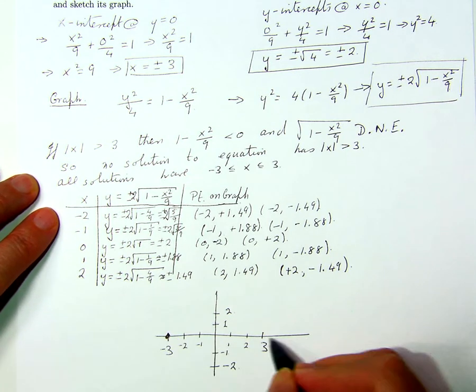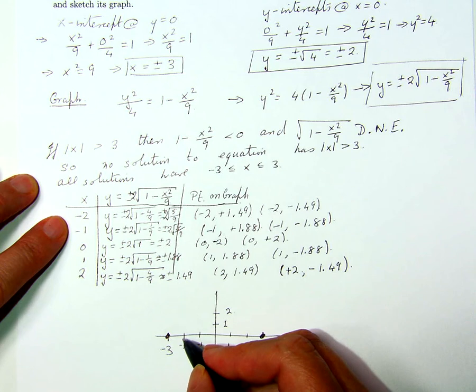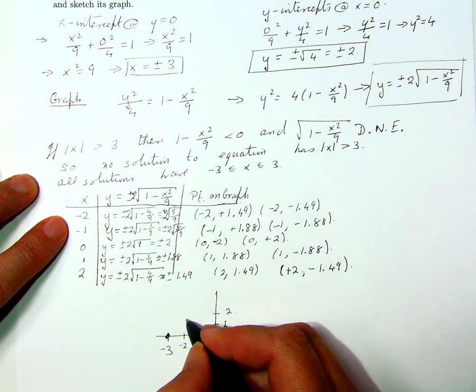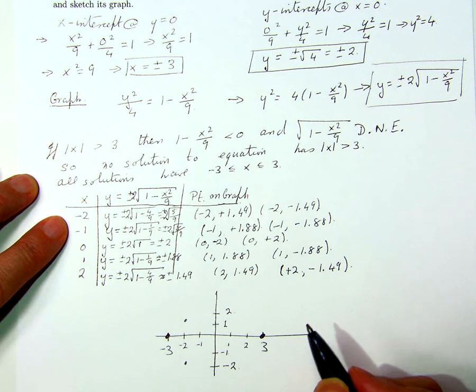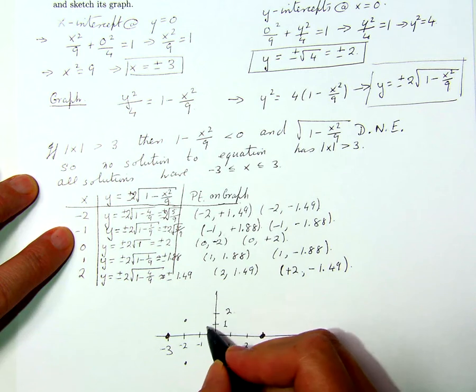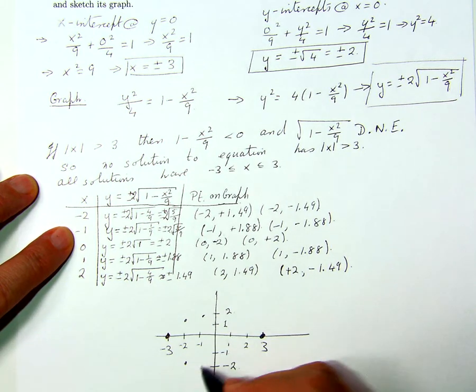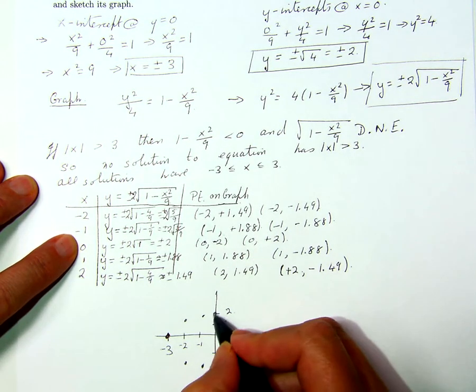These are the x-intercepts at plus and -3. When x equals -2, there are two possible y values, plus 1.49 and negative 1.49. So I have 2 points on the graph. And when x equals -1, I get y equals 1.88. And another possibility is y equals negative 1.88. Then I have my y-intercepts at 2 and -2.